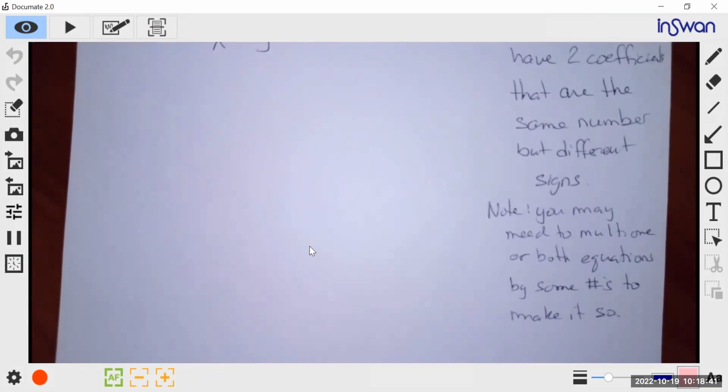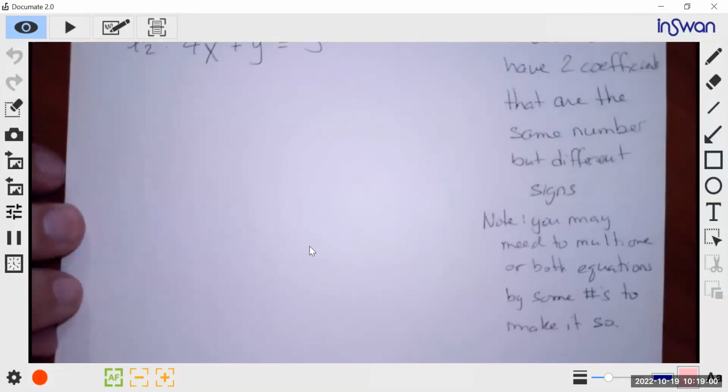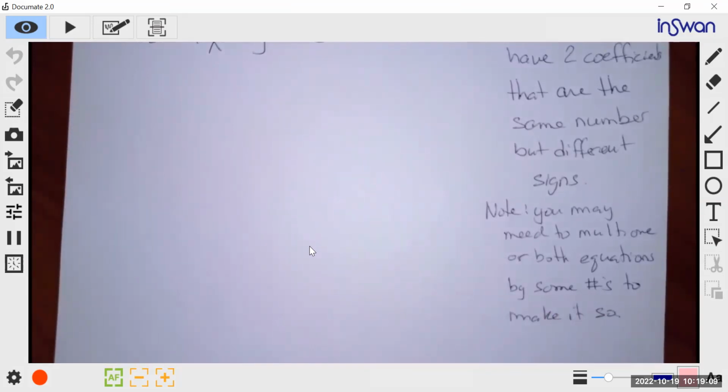Because remember, you have to have the same numbers but different signs. So you may need to multiply one or both equations by some numbers to make the coefficient of the variable the same number but different signs.